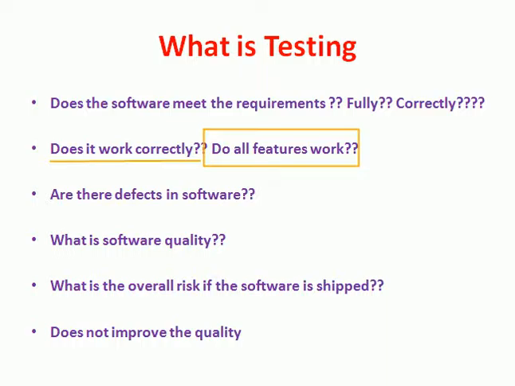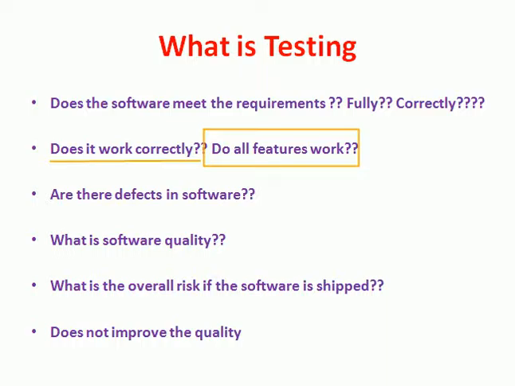Then another question in testing is, do all the features work? Whatever features are supposed to be there, first of all, do all those features exist in the software? And if they exist, do all those features work? And when they work, do they work fully and correctly? So there is an overlap here between the requirements and the correct working of the software.